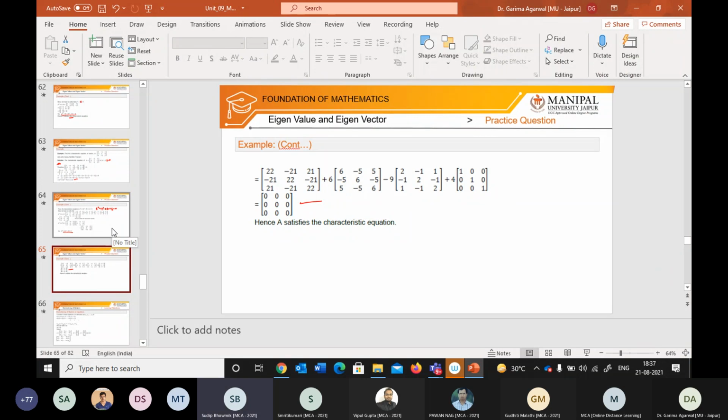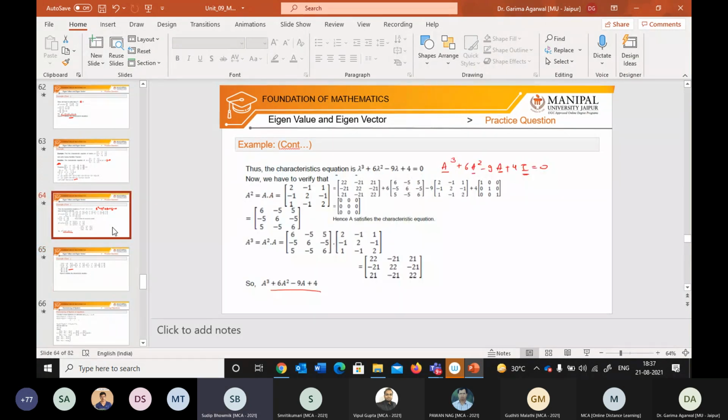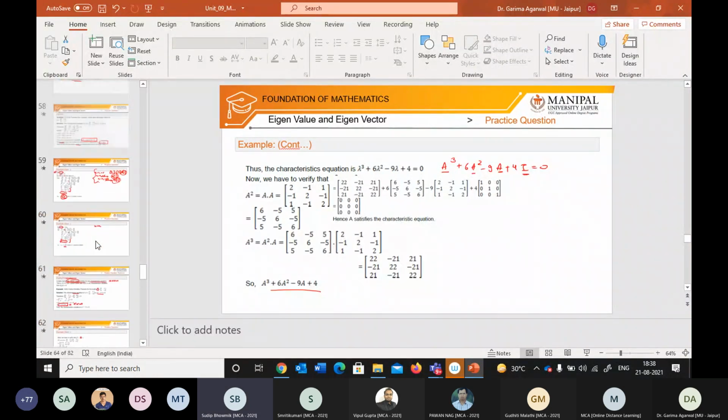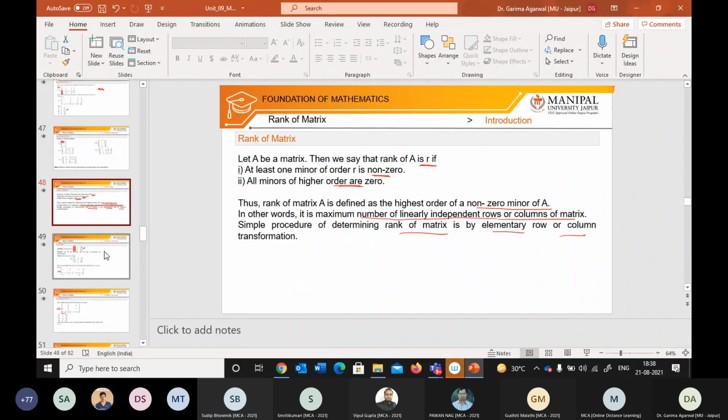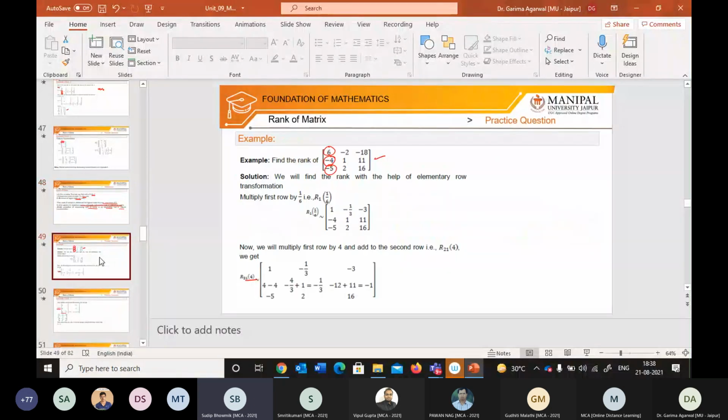Basically, I was having a query on the rank of a matrix. While finding the rank of a matrix, when we are transforming rows and columns, what should be the official steps for making them all zeros?